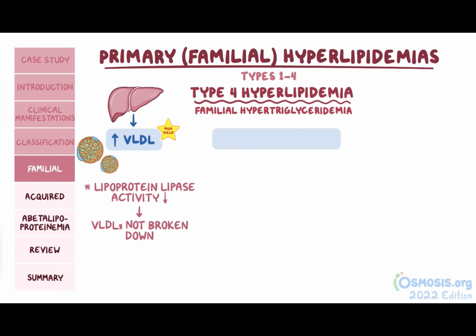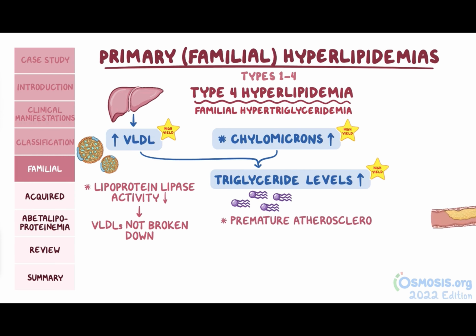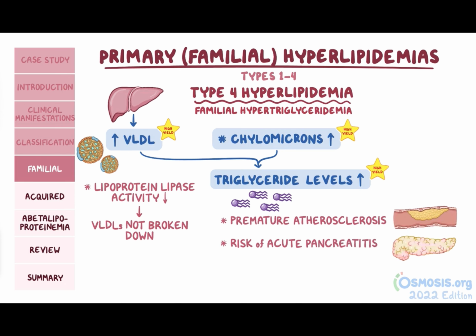This also applies to chylomicrons, which will also be elevated. The high-yield concept here is that since VLDLs and chylomicrons both contain mainly triglyceride, serum triglyceride levels can increase dramatically. This condition is characterized by premature atherosclerosis and the risk of developing acute pancreatitis.